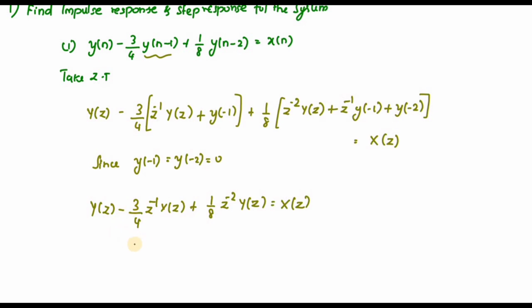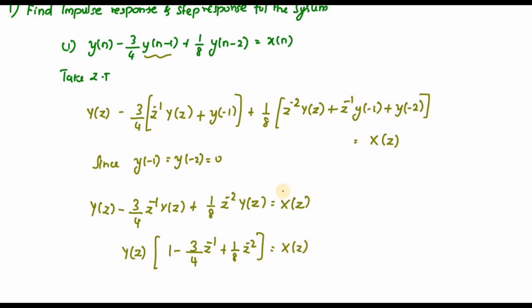From this I can take Y(z) common: Y(z) times 1 minus 3/4 z power minus 1 plus 1/8 z power minus 2 is equal to X(z).